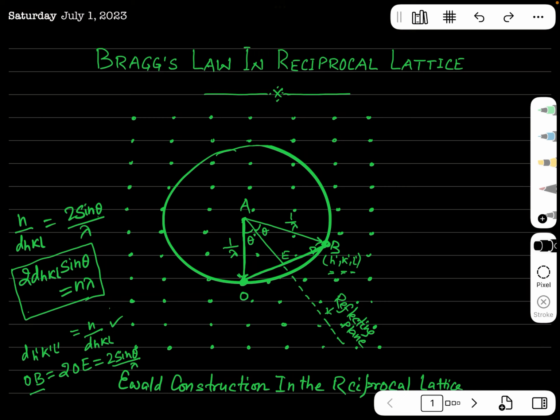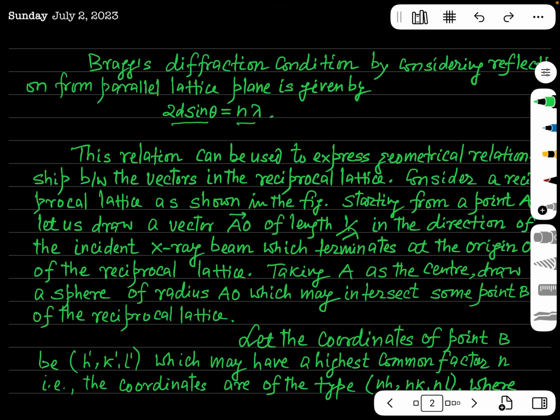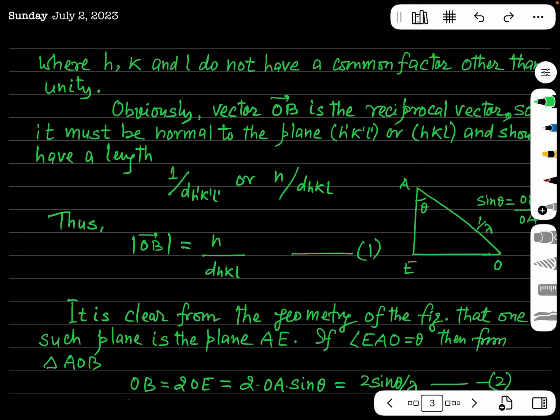Again, all these calculations I have made here for your convenience. You can see I have shown this triangle here, and according to the geometry of the figure, OB is equal to n over DHKL, and OB is equal to 2OE, and OE is equal to OA sine theta, and OA is 1 over lambda.